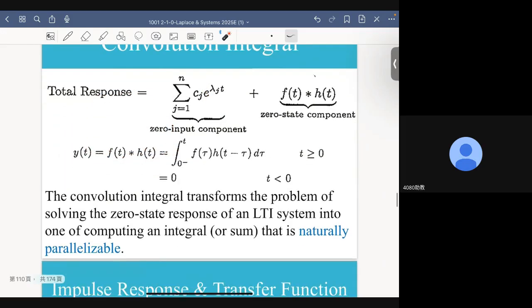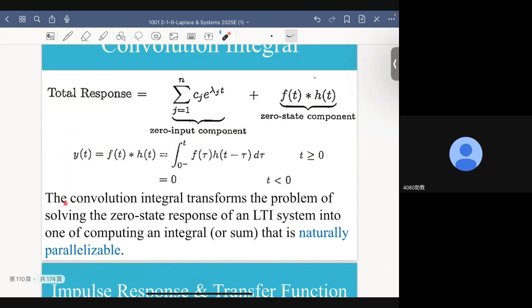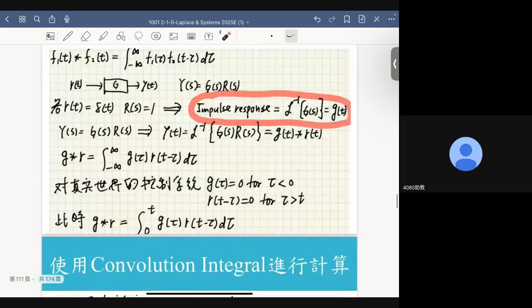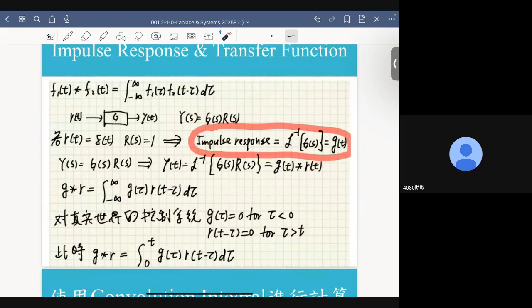Now, the convolution integral transforms the problem of solving the zero-state response of an LTI system into one of computing an integral or sum that is naturally parallelizable. What does that mean? When solving a differential equation using a computer, typically we have to do it one step at a time.